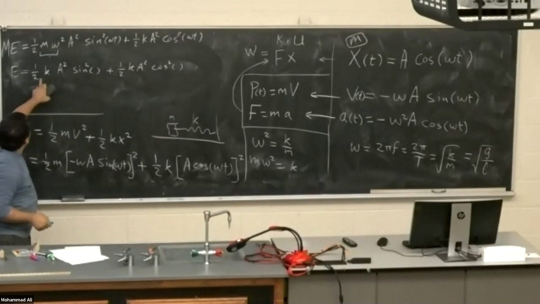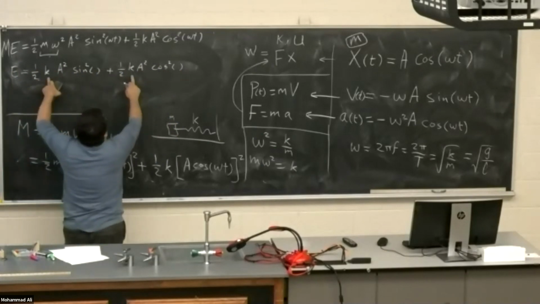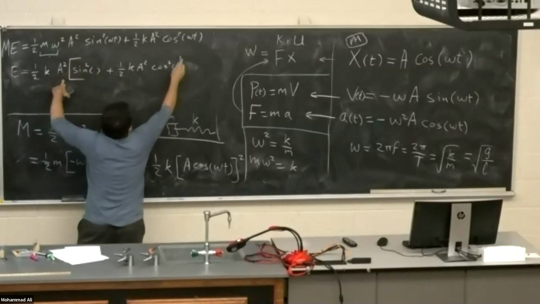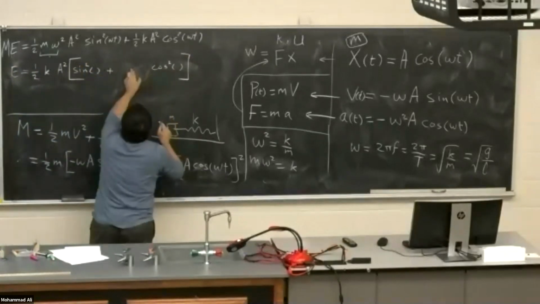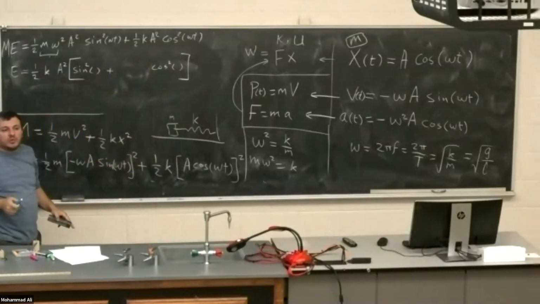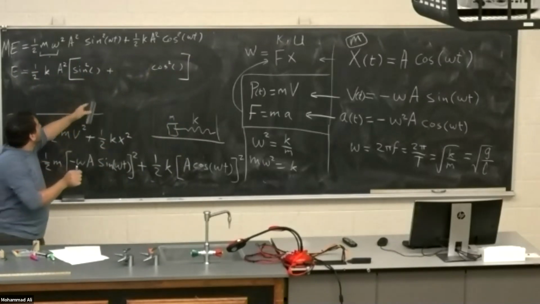We can take 1/2 k A squared as a common factor. Sine squared plus cosine squared, how much is this equal to? It's equal to 1. Sine squared plus cosine squared of the same thing is 1.